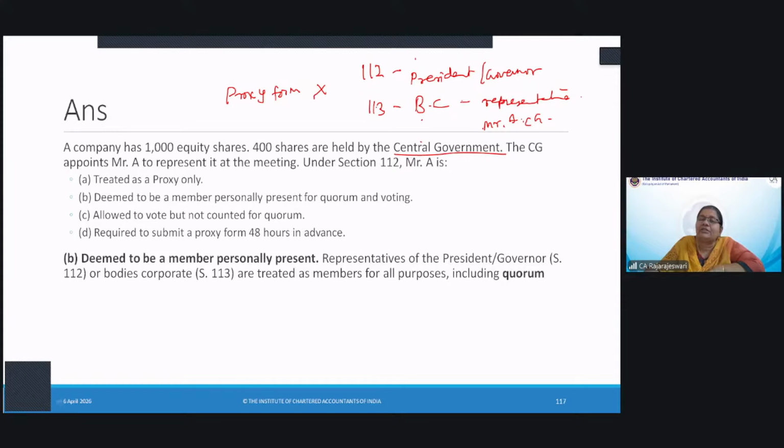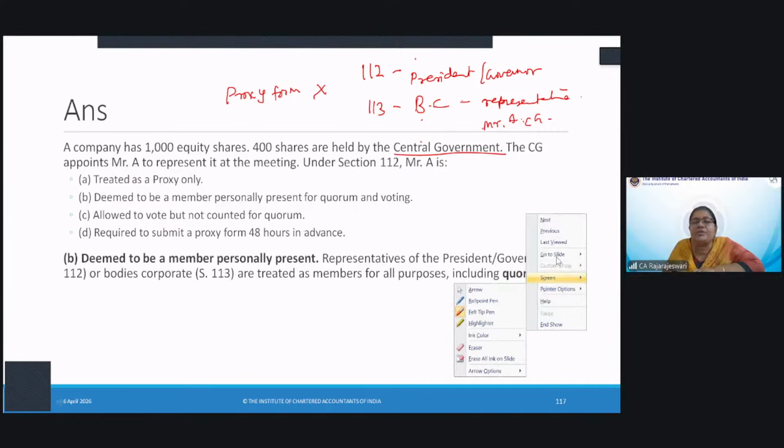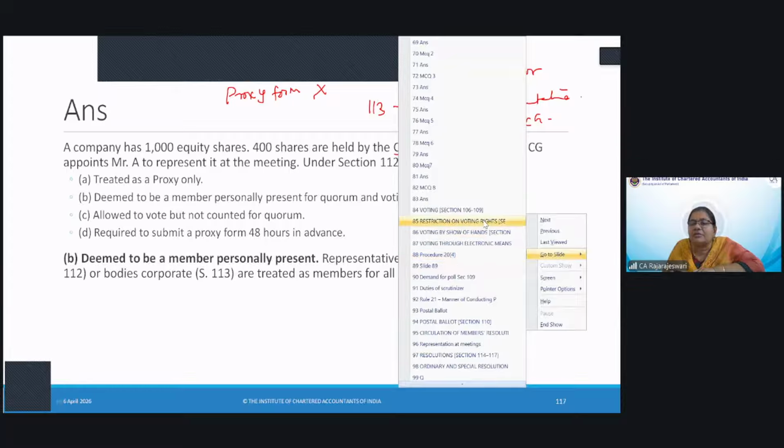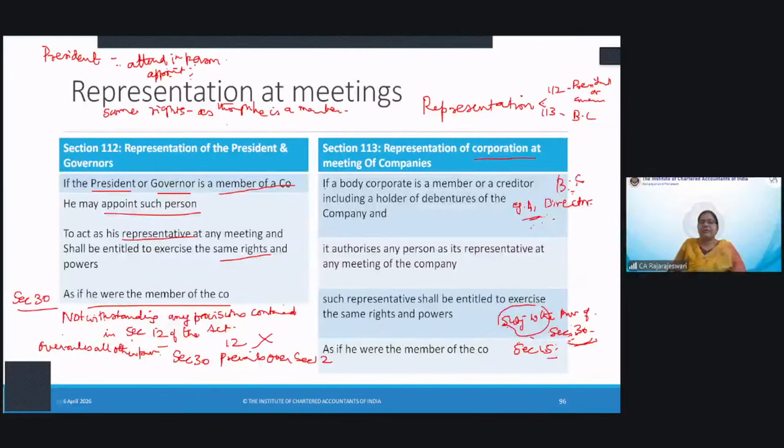See, section 113 talks about body corporate. Now, when a body corporate is holding the shares, in that case, it will ask its representative, say for example, the director, to go and attend the general meeting. So there he is acting as a representative of the body corporate. See section 112 with respect to president or governor. You remember that slide which talked about 112 and 113.